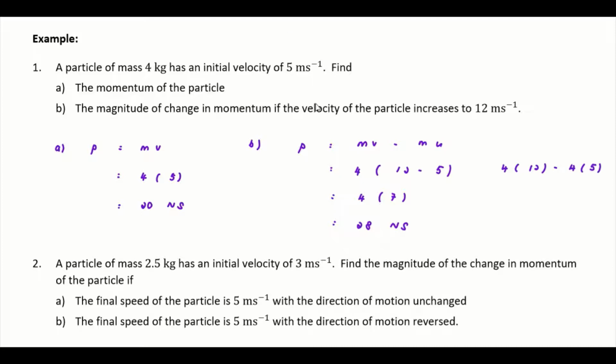We don't know, for example, whether at t equals 0 the velocity is 5, then at t equals 1 it's 8, then after that 13, and so on. We are not taking this into consideration. So when we talk about the change in velocity, we talk about that particular moment, which means the velocity changes from 5 meters per second to 12 meters per second.